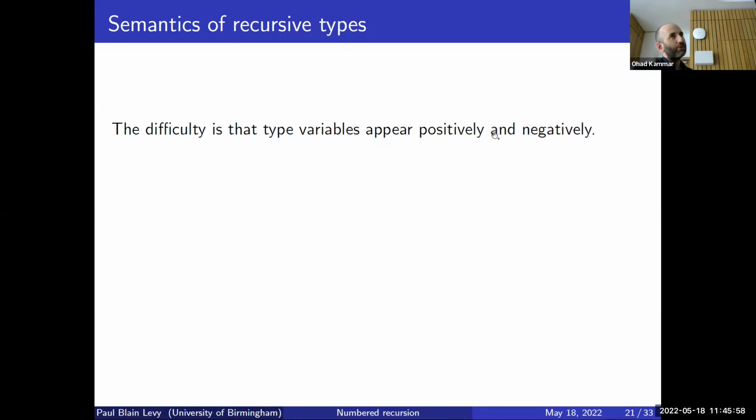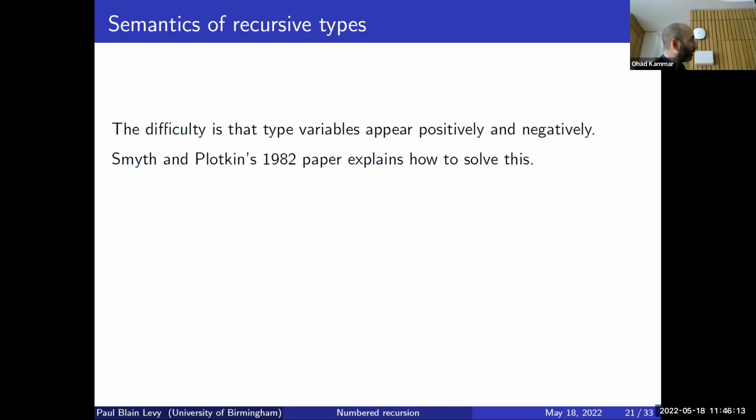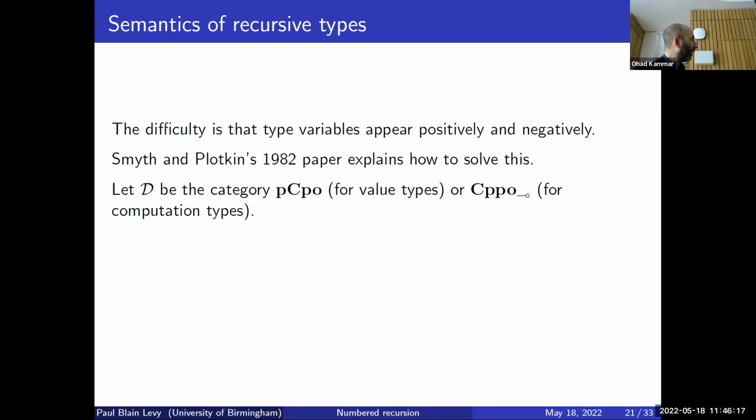So first of all, we have to extend the denotational semantics. For recursive types, there's a traditional difficulty that you have open types with type variables that occur positively and negatively. So we can't just say a type denotes a functor, it's not so simple. The solution is to be found in the famous paper of Plotkin. The idea is you start with either a category of CPO and partial continuous maps or CPPO and strict continuous maps.